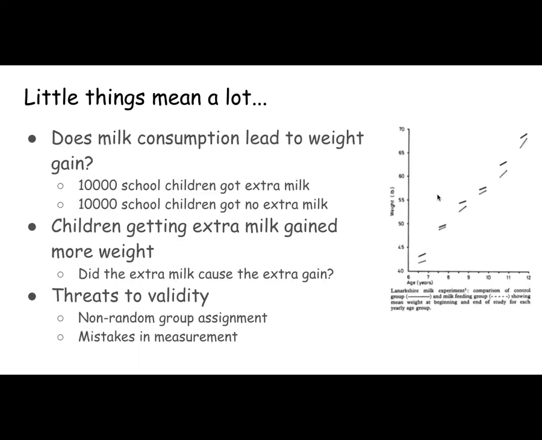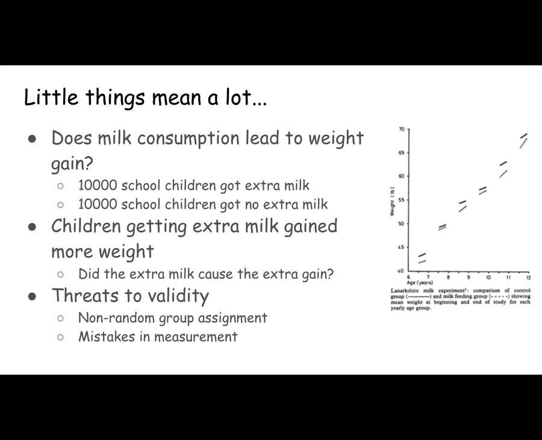comes from some threats to validity of this study, some things that they did that made the study less valid and less strong. So one thing that happened was that the teachers didn't assign the kids randomly. What they did was they took the kids who were not getting enough food at home and put them in the group that got extra milk.